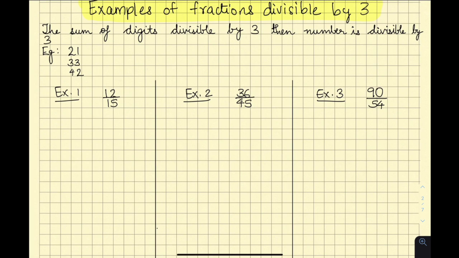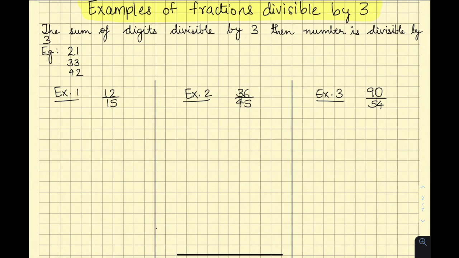So, examples of fractions divisible by 3. If a number has the sum of its digits divisible by 3, then the number is divisible by 3. Let's see a few examples. Example number 1 is the number 21. In the number 21, the digits are 2 and 1.